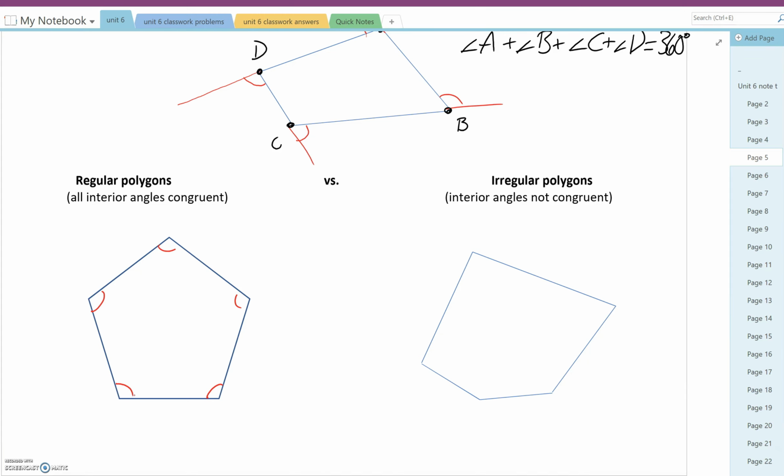Irregular polygons, on the other hand, are any polygon where the measures of the angles inside of it are not all the same. So again, regular polygons, all interior angles are congruent. Irregular polygons, all interior angles are not congruent.